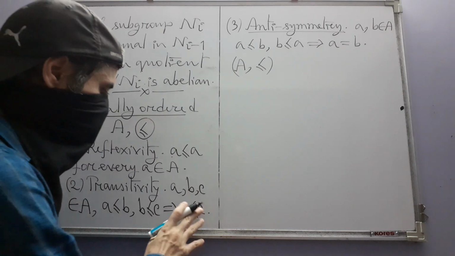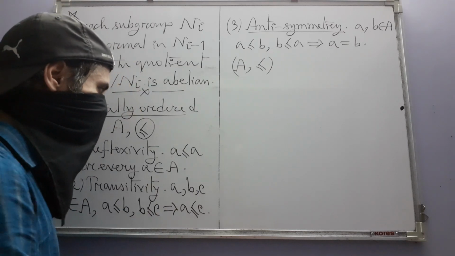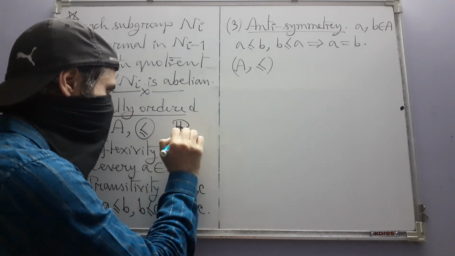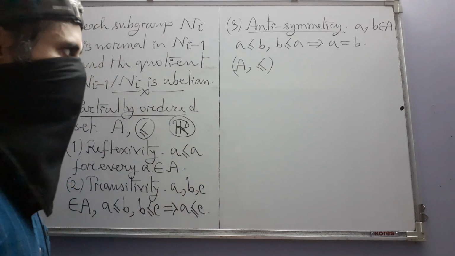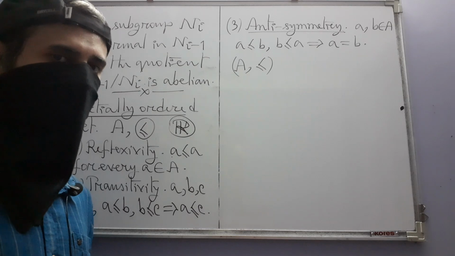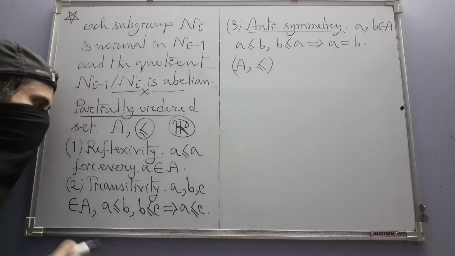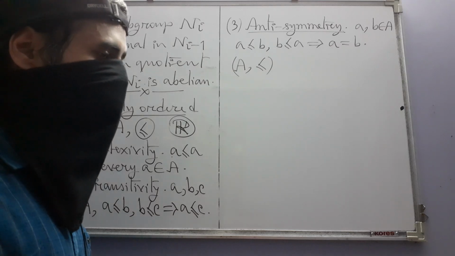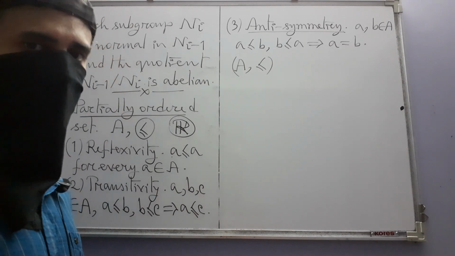Now, the crucial difference between a partial order and the kind of order that we have on, for example, the system of real numbers is totality. A partial order is not necessarily a total order. What is totality? Totality means that any two elements of your ordered set are comparable to each other.